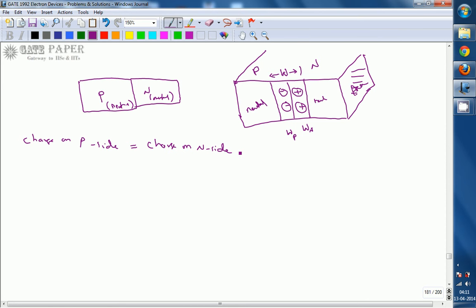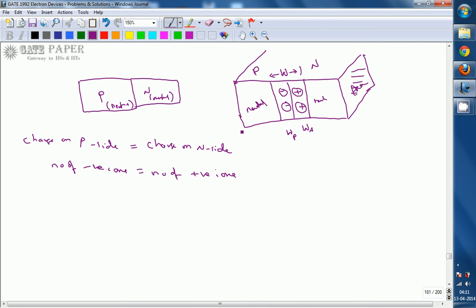So the number of negative ions on the p side is equal to the number of positive ions on the n side, because the other part of the p side is neutral.